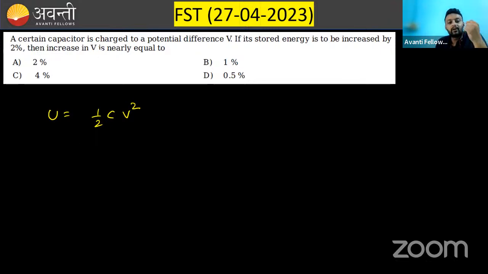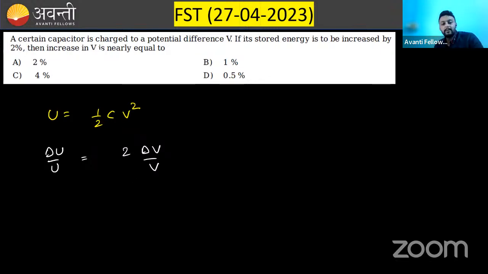So that means capacitance is not changed, or capacitance does not depend on V or Q. It's independent. It depends on the geometrical parameters. So that's not going to change. So delta U by U is equal to 2 times delta V by V. C is constant, so it's not going to change.